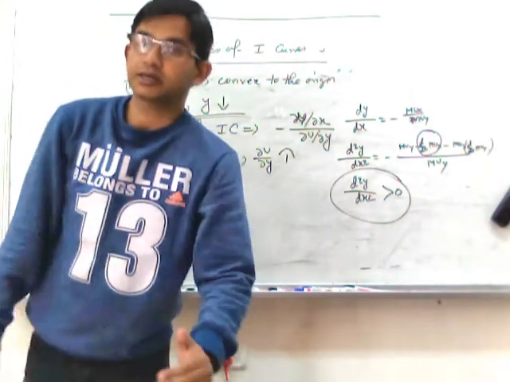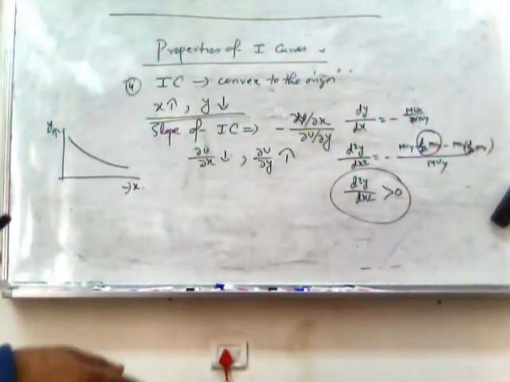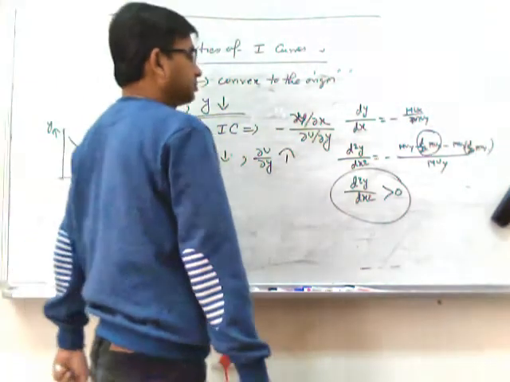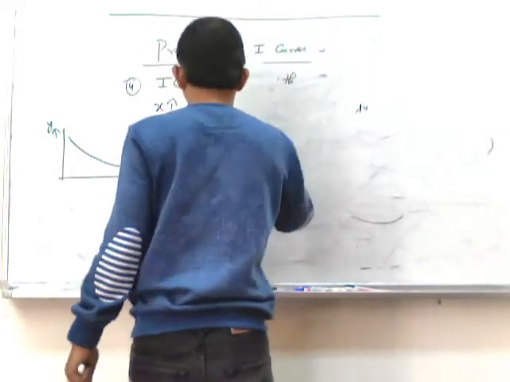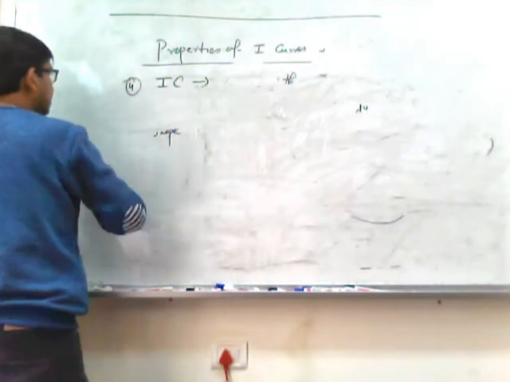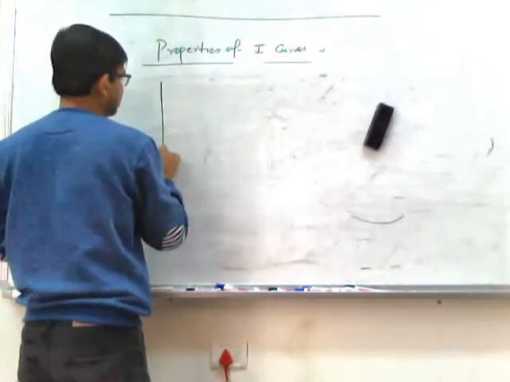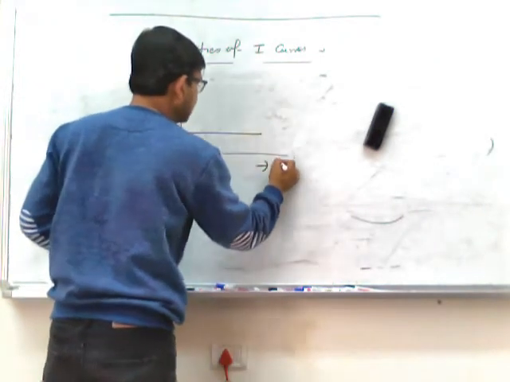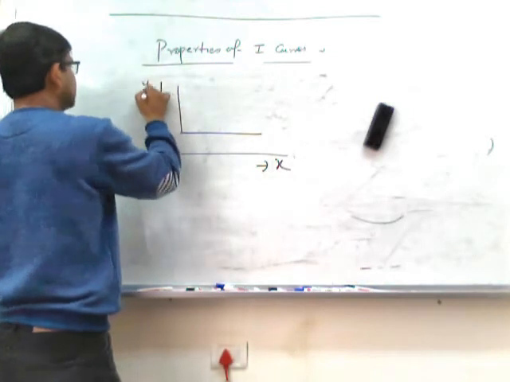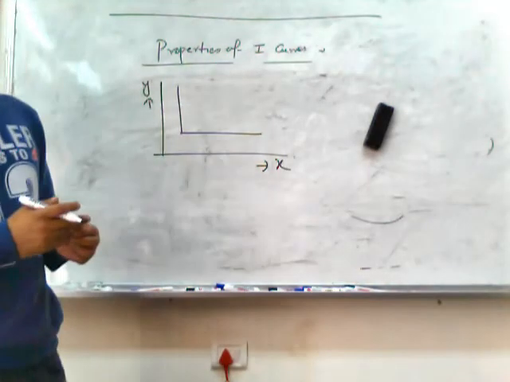But if two commodities are complementary, that means if two commodities are consumed in a fixed proportion, then the indifference curve will be L-shaped. This is X, this is Y. So let us consider one consumer who consumes tea and sugar.